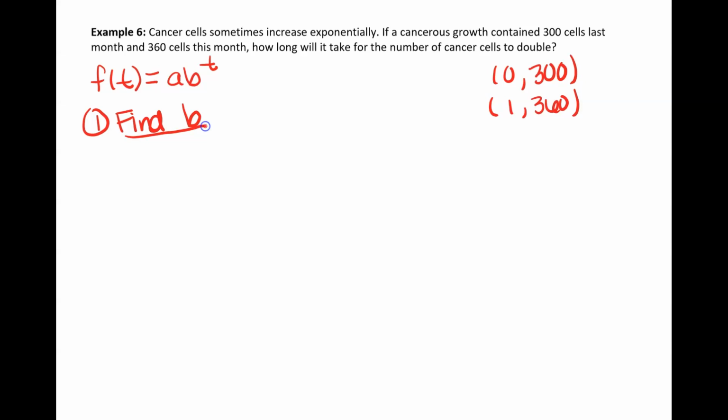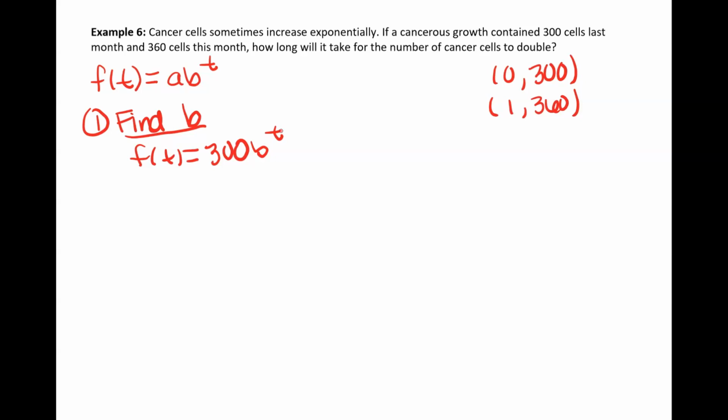Our first set of data says that it contained 300 cells last month and 360 cells this month. So let's create our 2 ordered pairs. That would be month 0 with 300 cells, and after 1 month it would be 360 cells. And so let's find b. I'm going to say f of t is equal to, I initially started with 300, times b to the t.